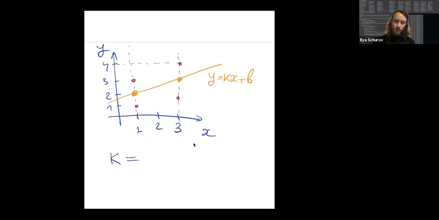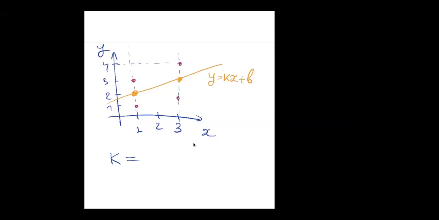If it were 1, then I would have to make one step to the right and one step upward, and I will not get onto the line. So what is the value of k in this case? In fact, I can make 2 steps to the right and 1 step up. So one half.